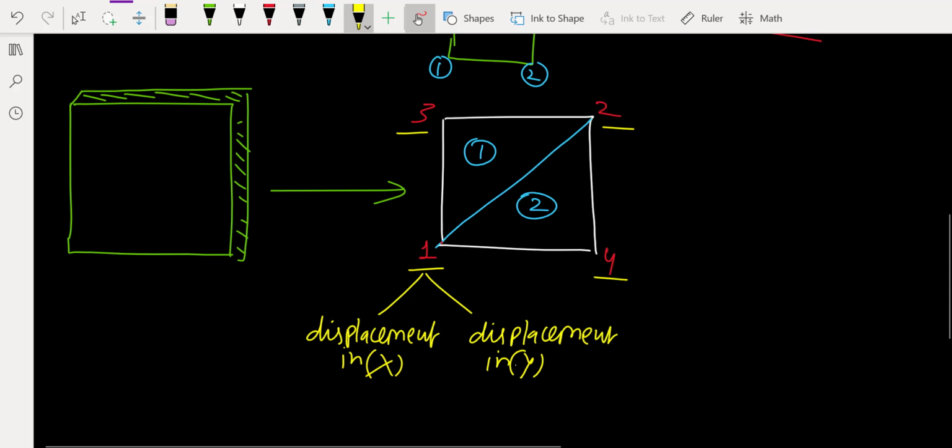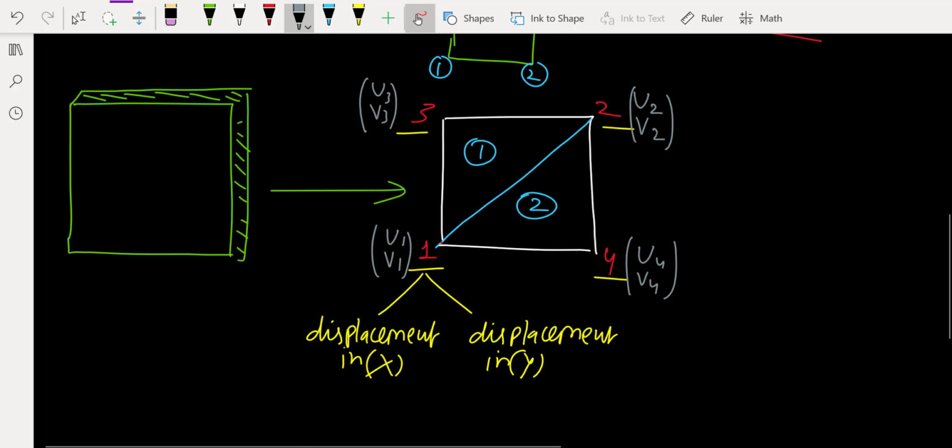Okay, so in this way you can write here u1, v1, and then here you have u4, v4, here you have u2, v2, here you have u3, v3. So these are nodal degrees of freedom.